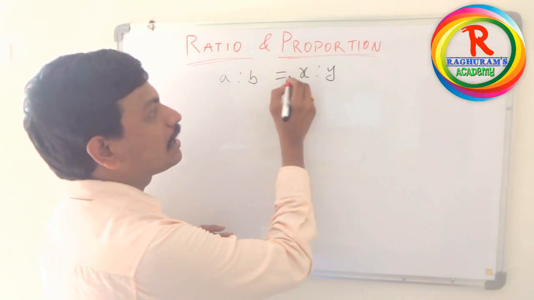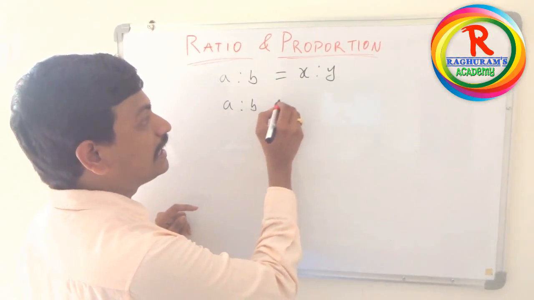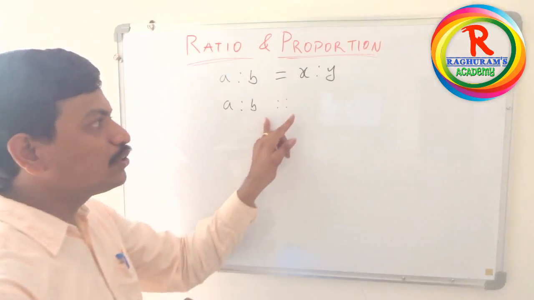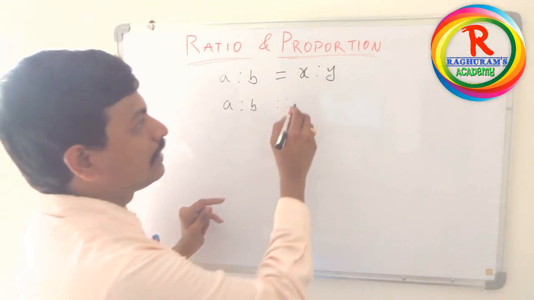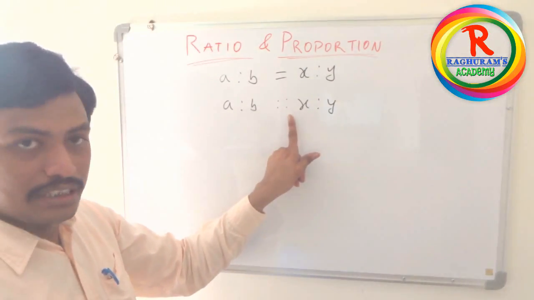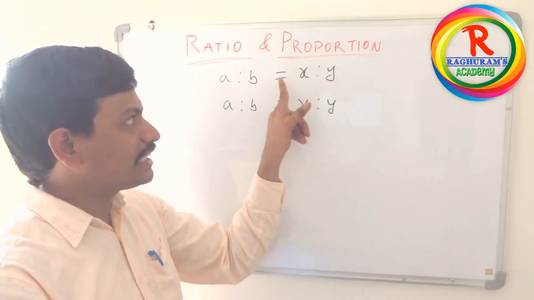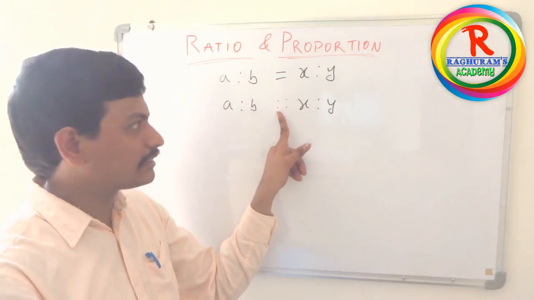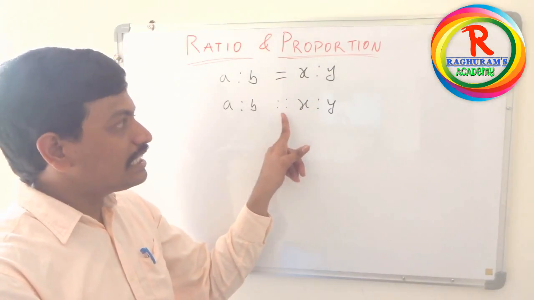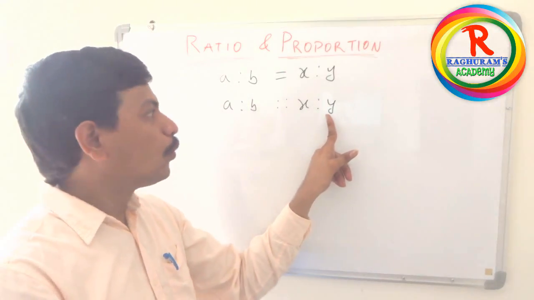We can put equals, or we can also write a is to b is same as, with two colons, x is to y. A is to B is same as X is to Y.